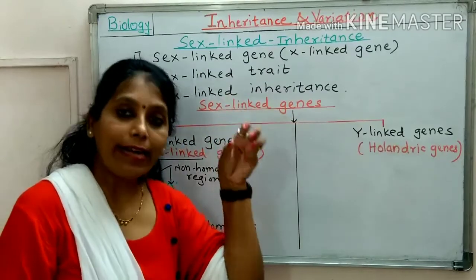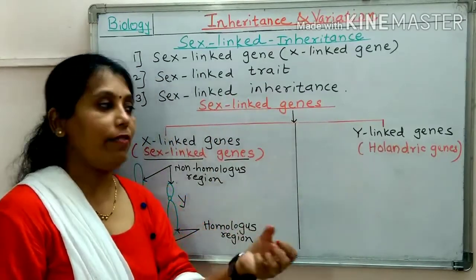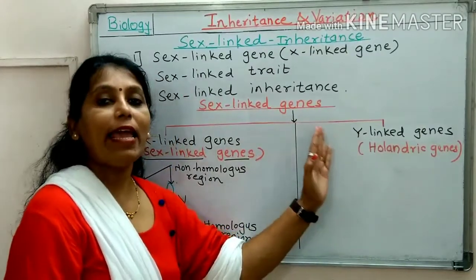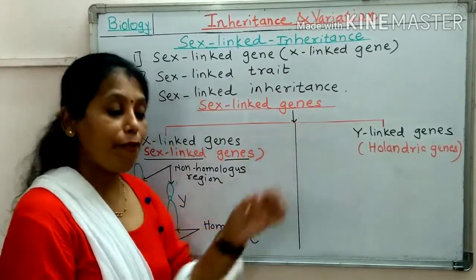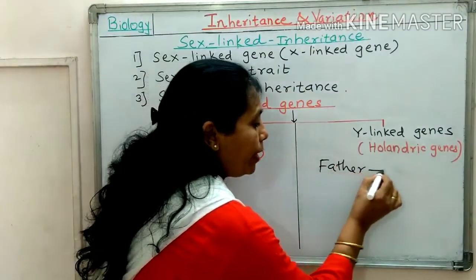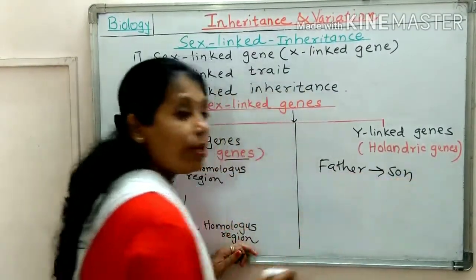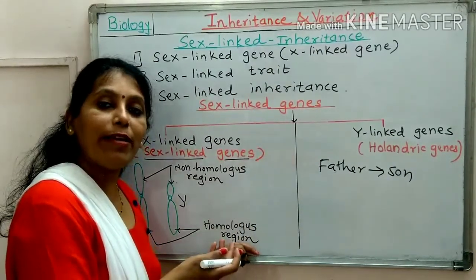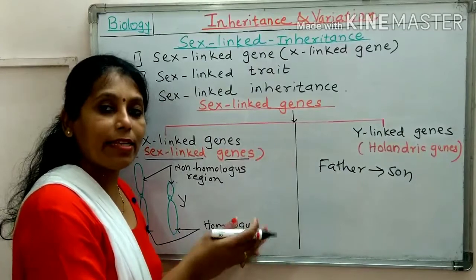And the traits which are present on the Y chromosome are transferred from father to son only. Why father to son only? Because it is a Y-linked gene and the Y chromosome is present only in males.